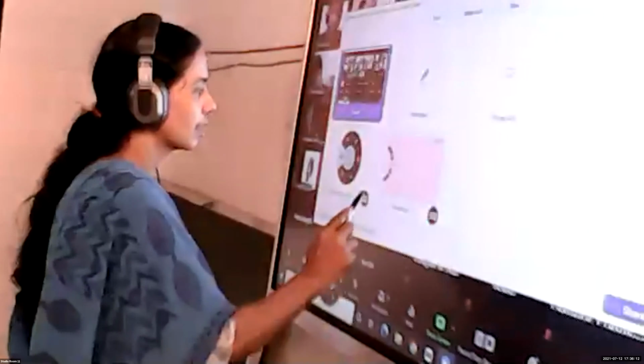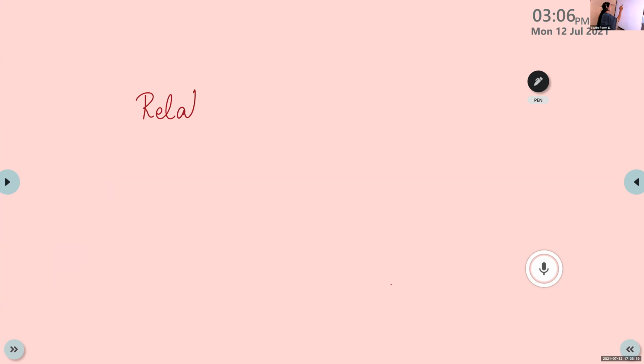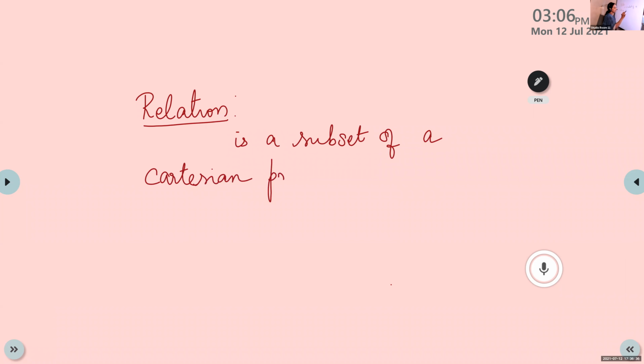Relation is a subset of a Cartesian product.